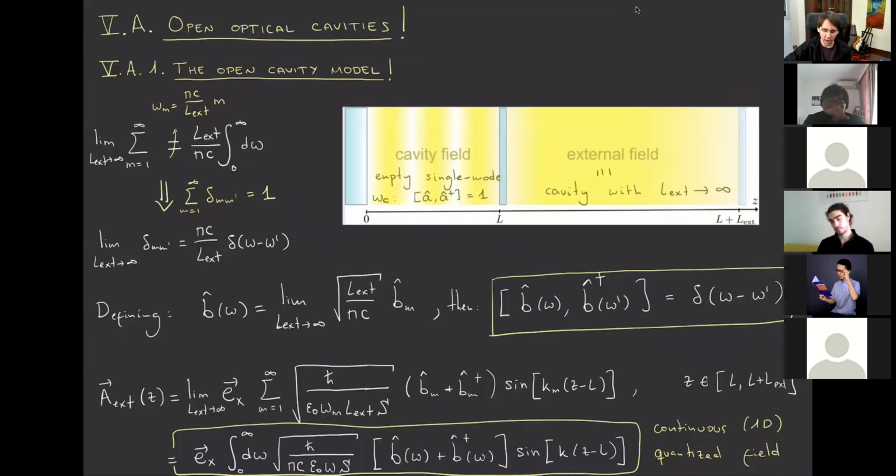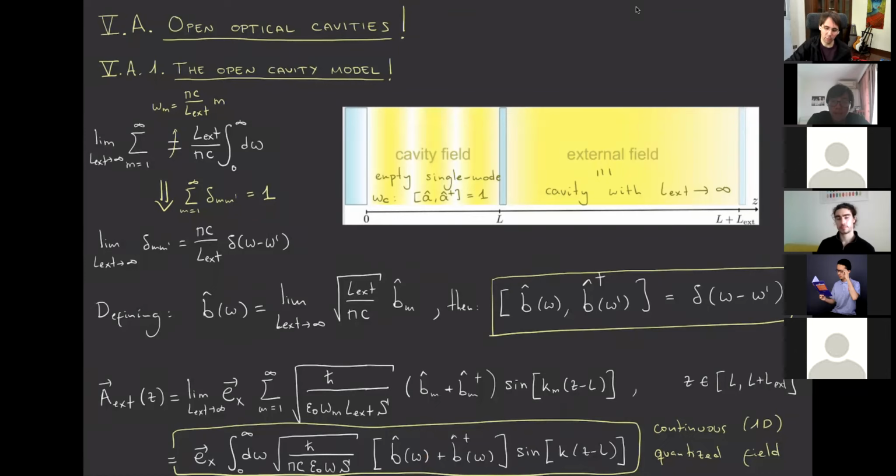So then now we have a model that makes more simple the description of the field outside the cavity. So now we have been able to put the mirror of the external cavity to infinity. And we have a description that is very compact and in which everything is well defined by some operators that form a continuum, and they have continuous canonical commutation relations.